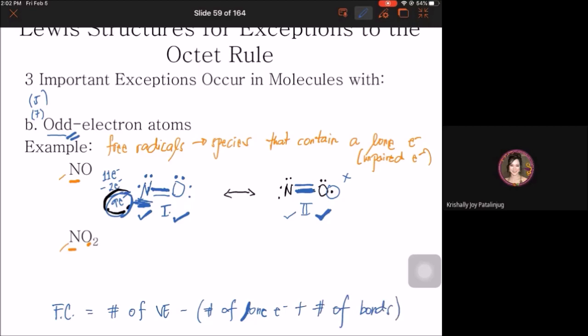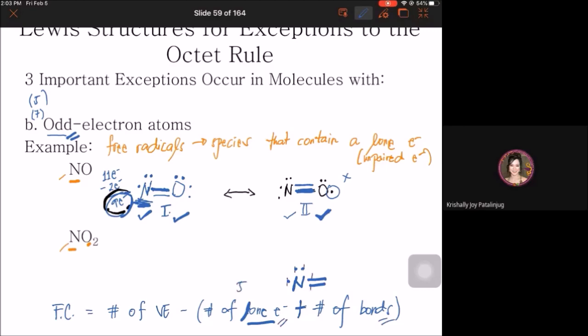In the case of nitrogen, it has 3 lone electrons. I count it together with the number of bonds right away: 1, 2, 3, 4, 5.